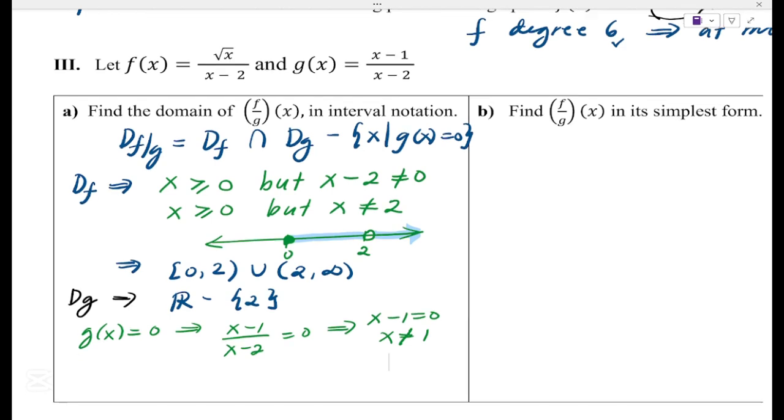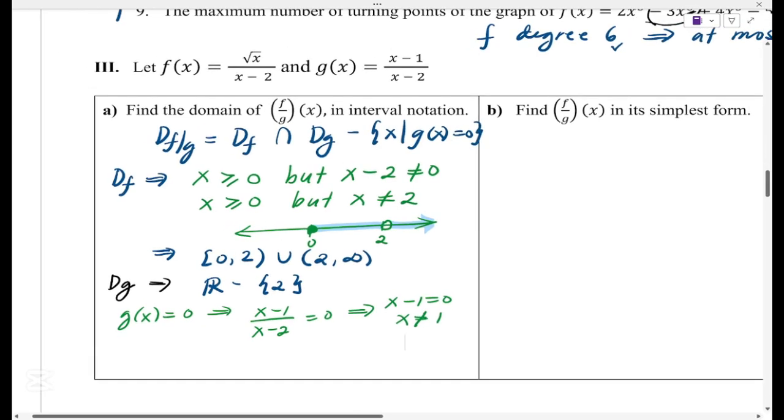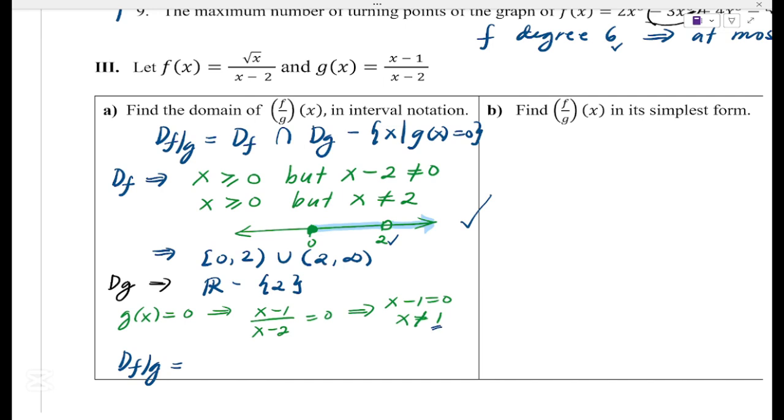Now, getting the intersection of these two and then removing the x value that makes g of x equal to 0, we will get the domain of f over g. If you look at this number line, we already removed 2, and we will still remove 1 because g of x is 0 when x is equal to 1.